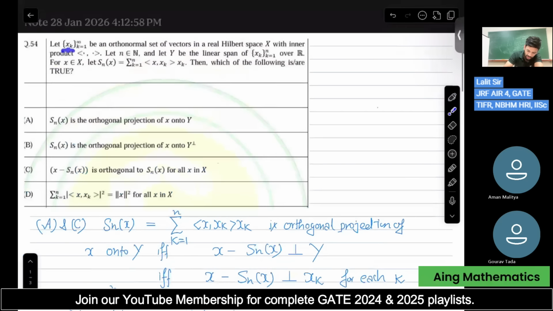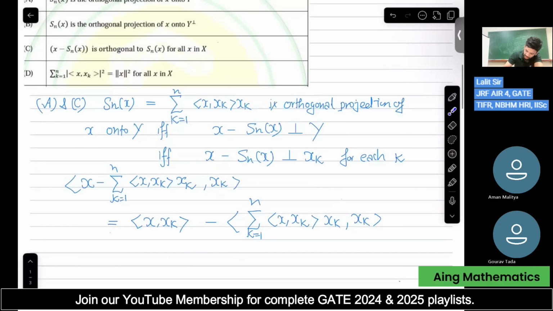This is an orthonormal set, so I will use the orthonormality here. By linearity, the scalars will come out, and we get this. But instead of writing k, I should write j.